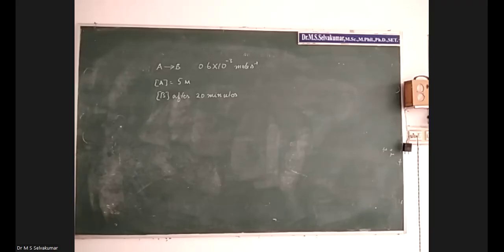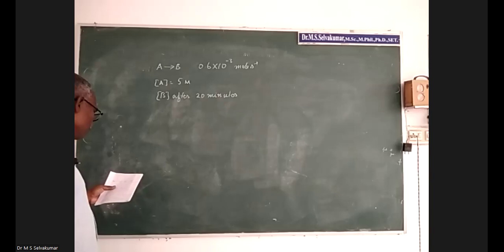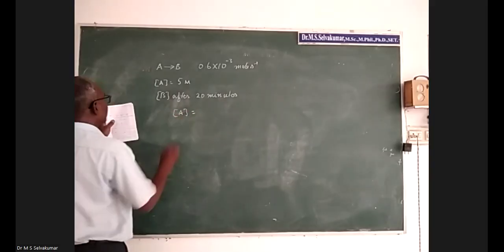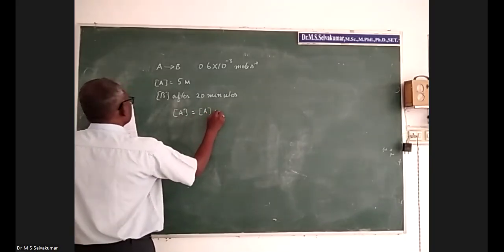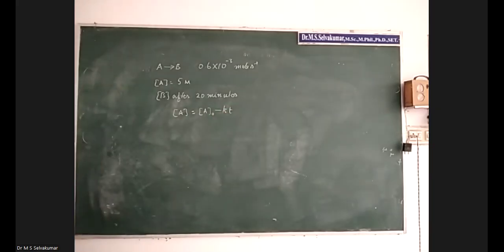You look at the unit for the rate. It is a zero order reaction. So for a zero order reaction, concentration of A at any time is equal to initial concentration minus K into T, where K is the rate constant.